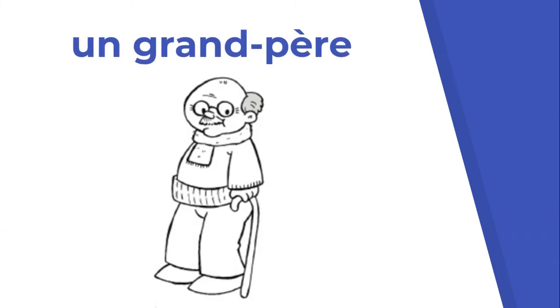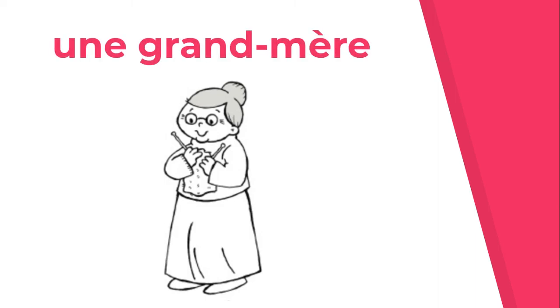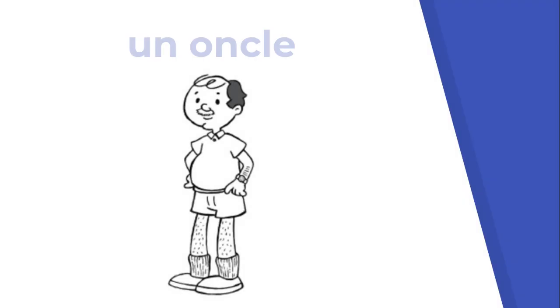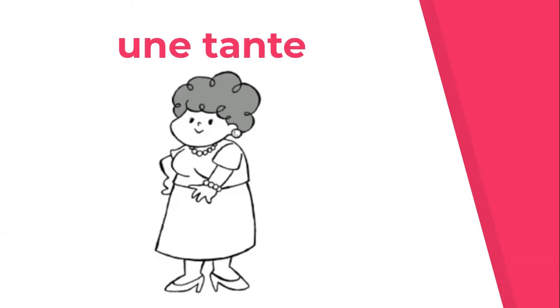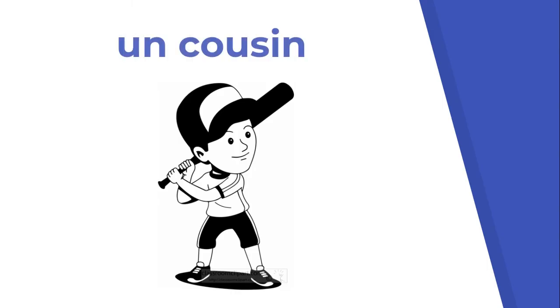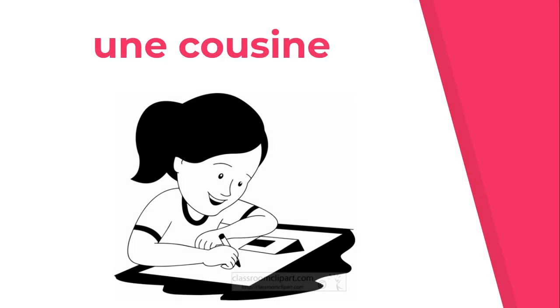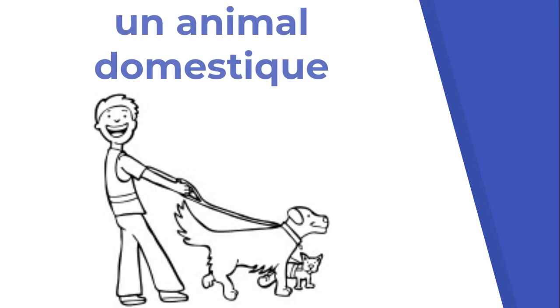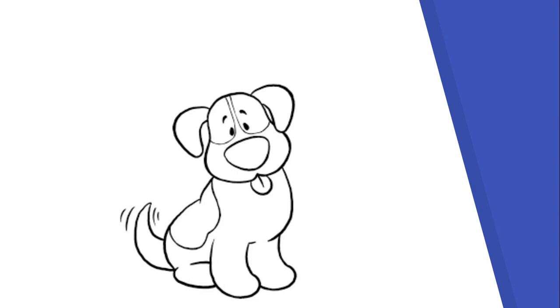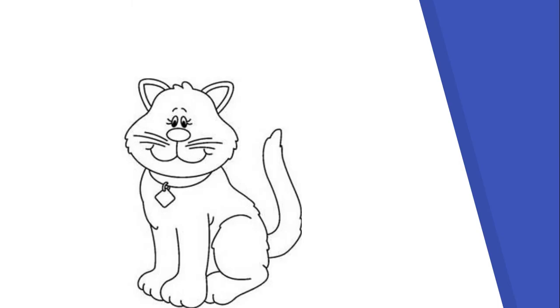Un grand-père. Une grande-mère. Un oncle. Une tante. Un cousin. Une cousine. Un animal domestique. Un chien. Un chat. Good.